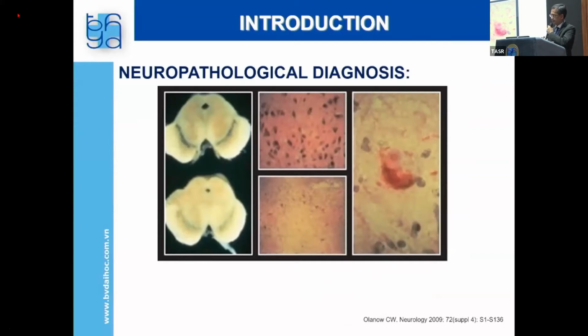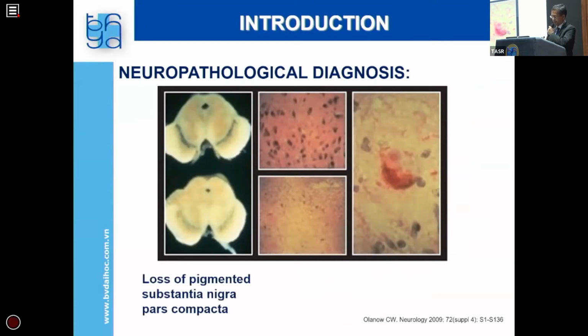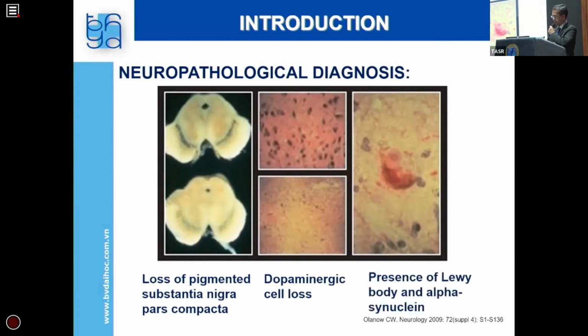In this pathology, you can see compared to normal people, people with Parkinson's disease have loss of pigmented substantia nigra pars compacta, and they also have loss of dopaminergic cells, and in the surviving cells, there is the presence of Lewy bodies and alpha-synuclein, and that is the standard for the diagnosis of Parkinson's disease in pathology.